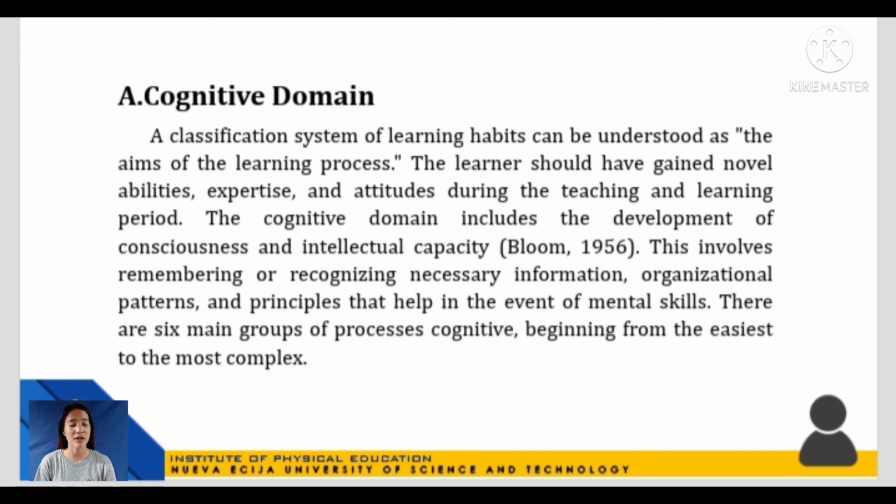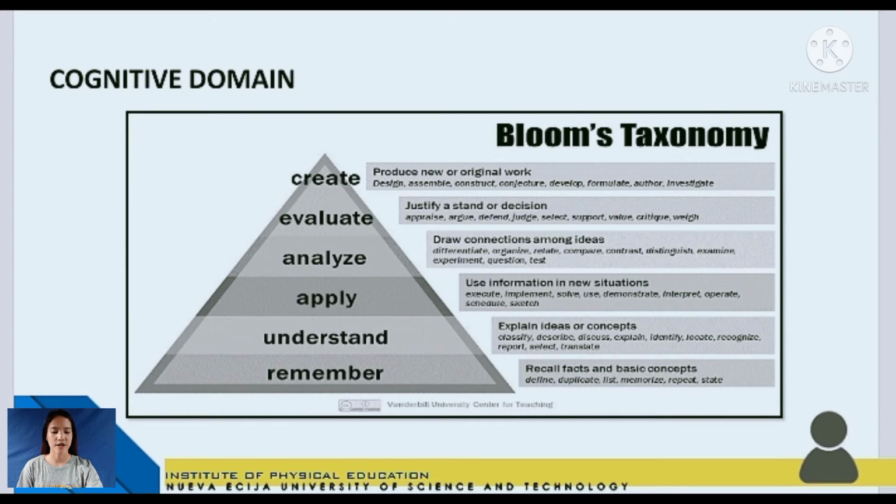Kagaya nga sinabi ko kaganina, pag sinabing cognitive, nakapokus siya sa intellectual capacity ng isang tao at sa pagkakaroon ng consciousness sa mga bagay-bagay. This involves remembering or recognizing necessary information, organizational pattern, and principles that help in the event of mental skills.